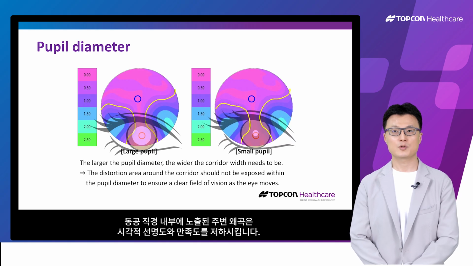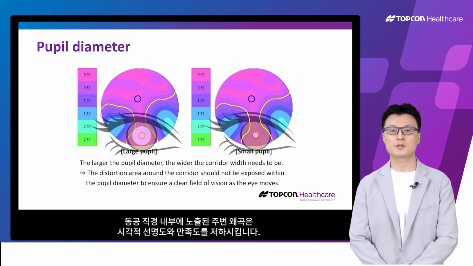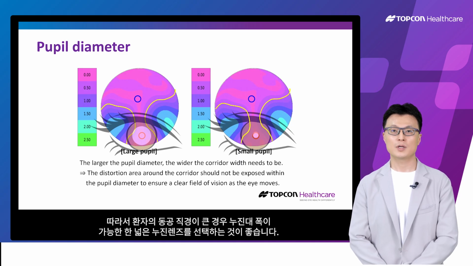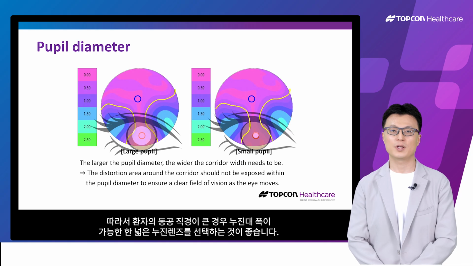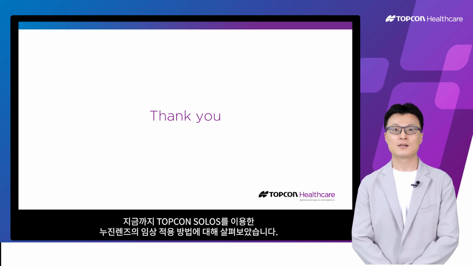Peripheral distortion exposed within the pupil reduces visual clarity and satisfaction. Therefore, if the patient's pupil diameter is large, it's recommended to select a progressive lens with a corridor width as wide as possible. So far, we have looked at the clinical application of progressive lenses using Topcon Solos.